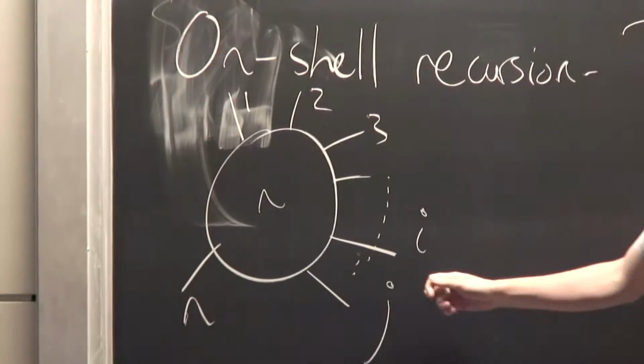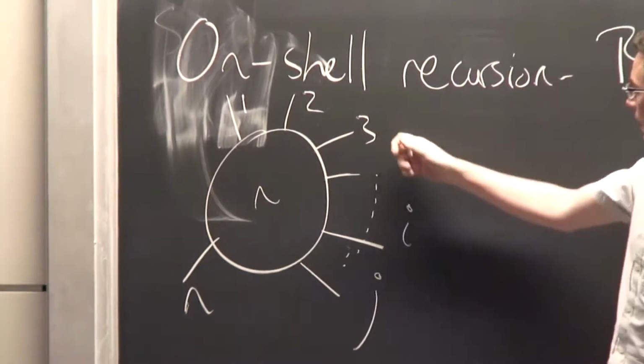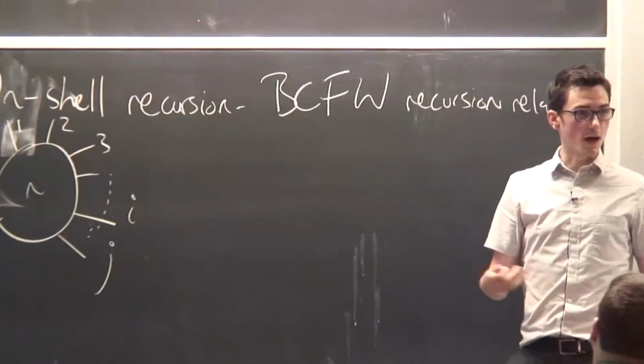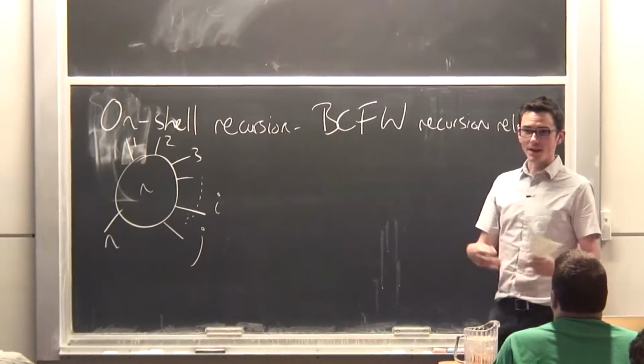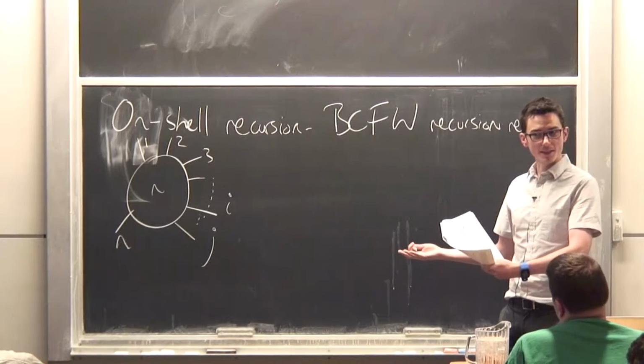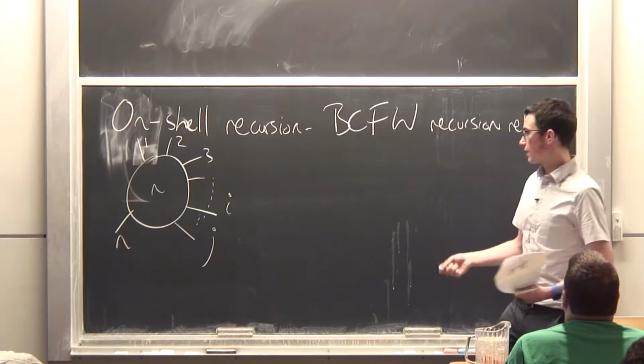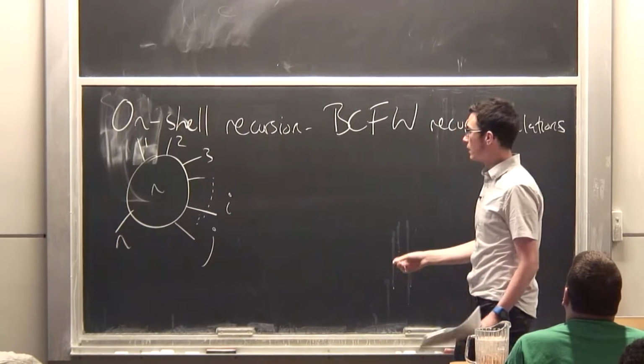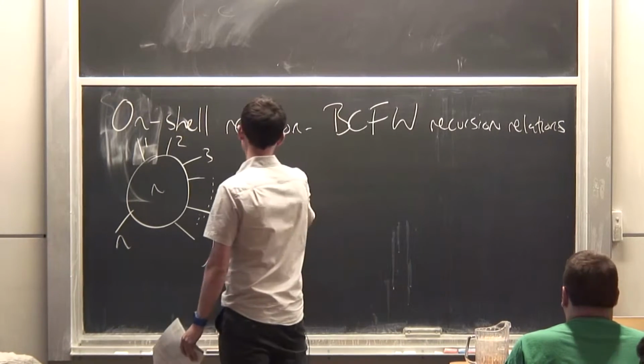This is a color ordered amplitude, so somewhere in our ordering there are two legs, i and j. We're going to treat them as special. They need not be adjacent in the color ordering, so it could be 2 and 6. You can choose whichever two you like.